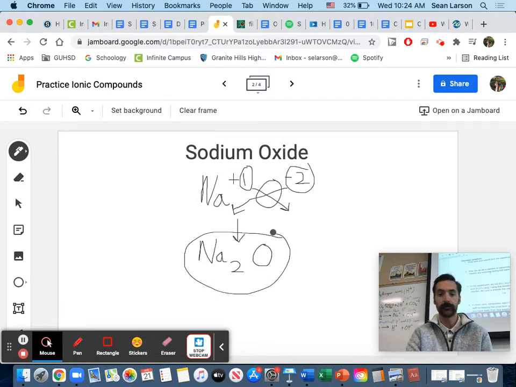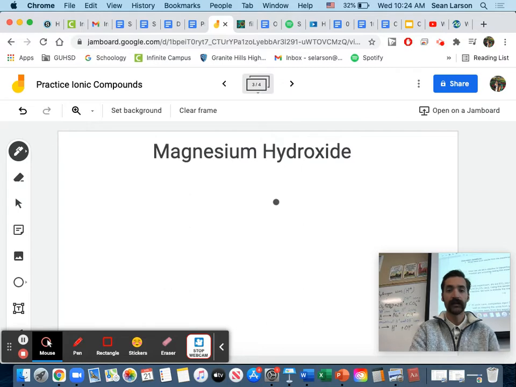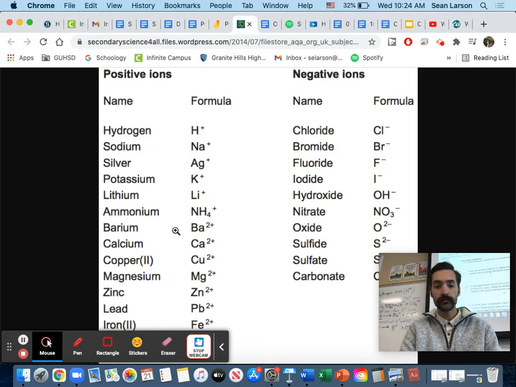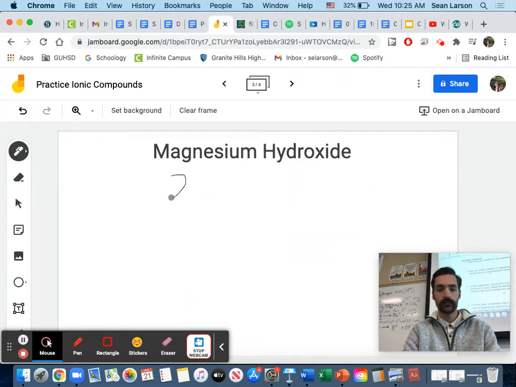So let's go through another example. Our next example is magnesium hydroxide. In our list here, magnesium has a charge of 2+. So magnesium, that is our Mg, is our elemental symbol, and it has a charge of 2+.